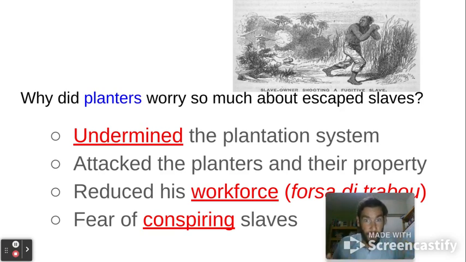Conspiring means conspira. So when the slaves escaped, the planters did not know what they were doing or conspiring, so perhaps they could even come back in bigger numbers and attack the plantation. And the planter lived in constant fear of what escaped slaves could do when they came back.